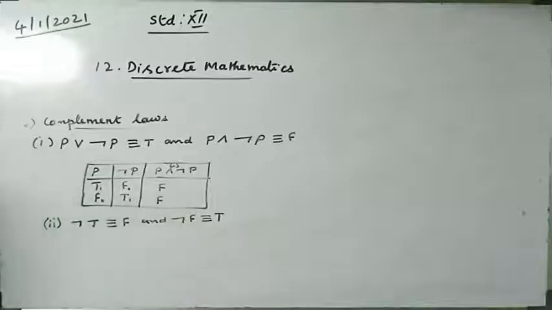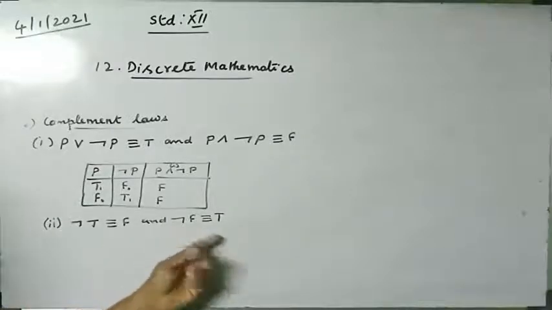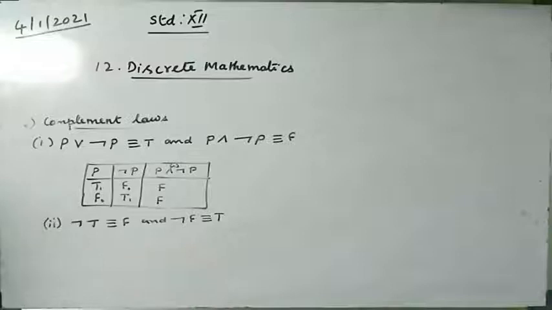இது நமக்கே தெரியும். True-ஓட negative false தான், false-ஓட negative true தான். This one also we can prove by using truth table.